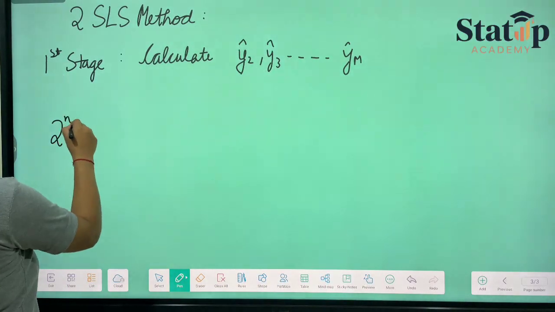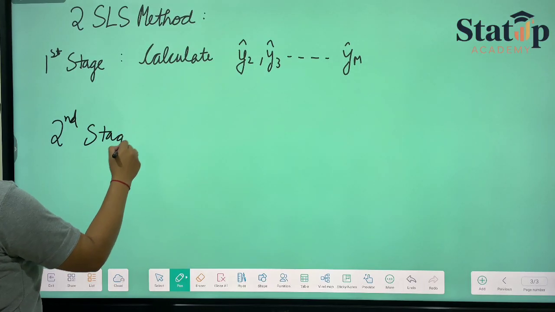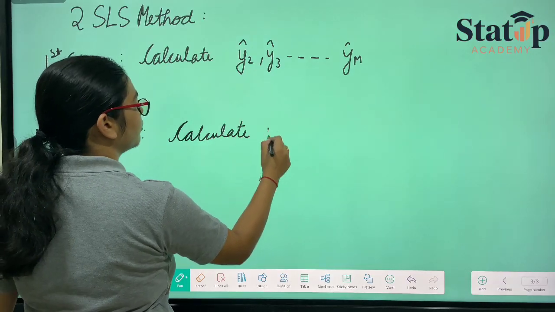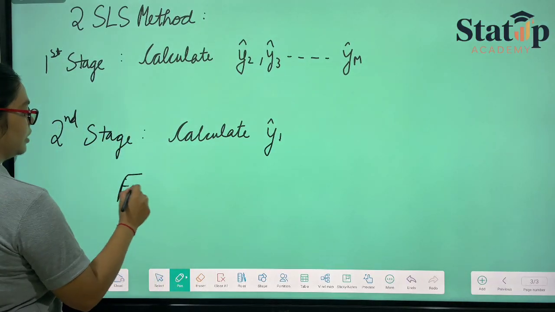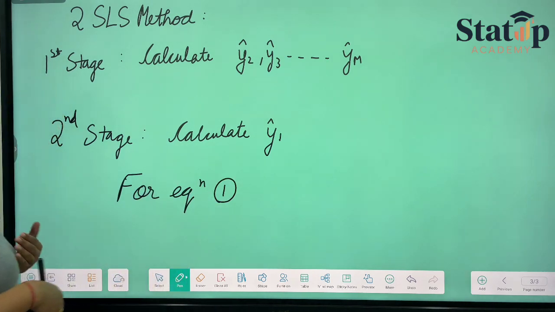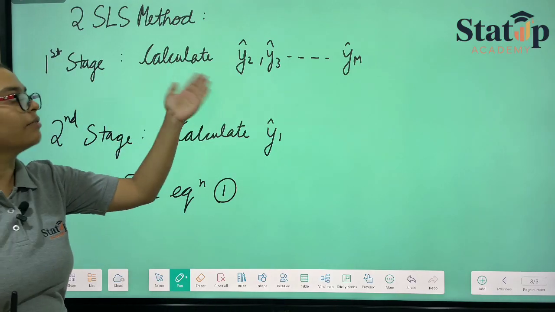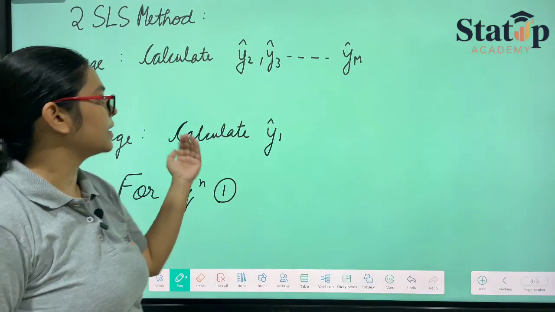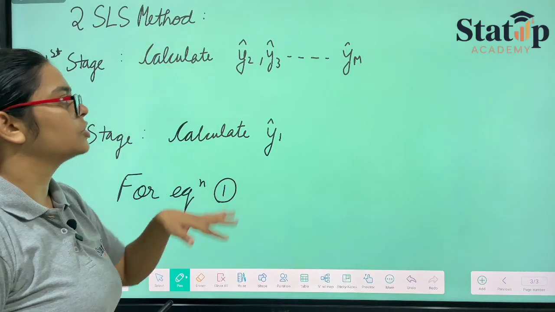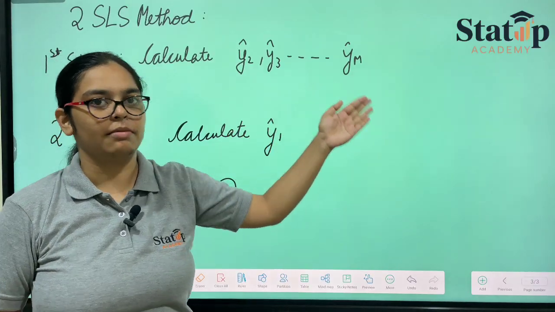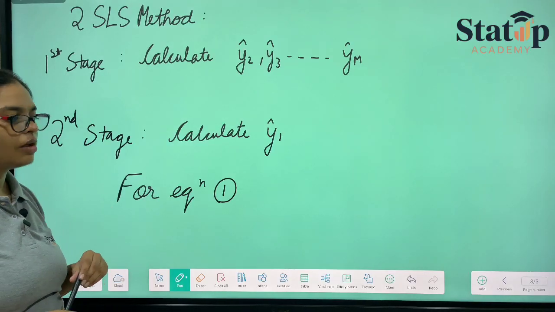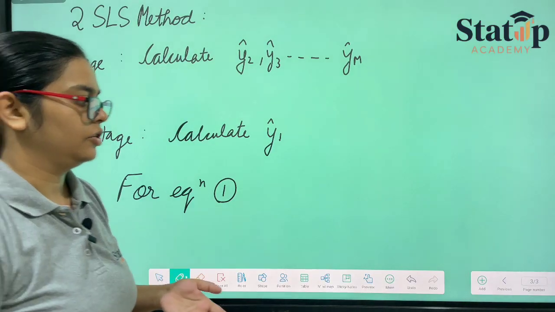And in the second stage, we will calculate y1 cap, if we are talking about equation 1. And if we are talking about equation 2, then the first stage would be y1 cap, y3 cap up till ym cap, and the second stage would be y2 cap. And similarly, if we are talking about the mth equation, the first stage will be y1, y2, y3 up till y m minus 1 cap, and the second stage would be ym cap. So this is how we solve simultaneous equations.